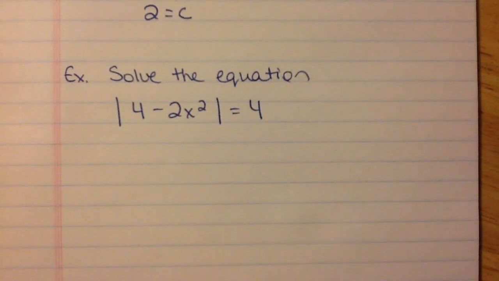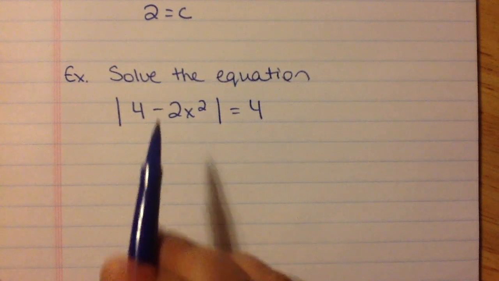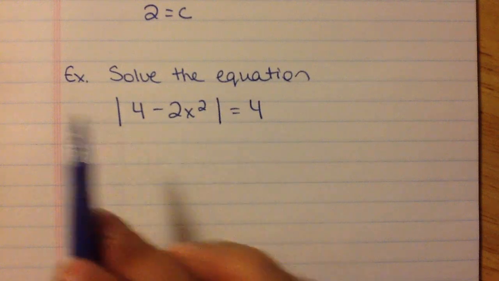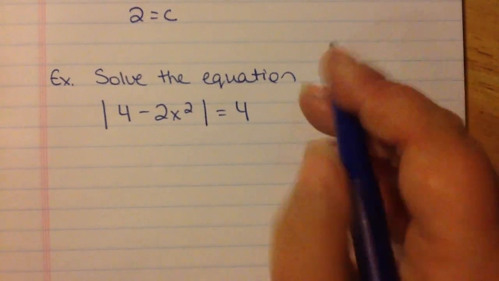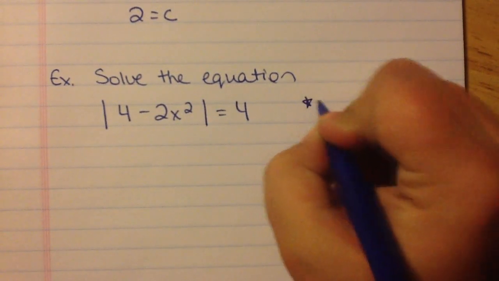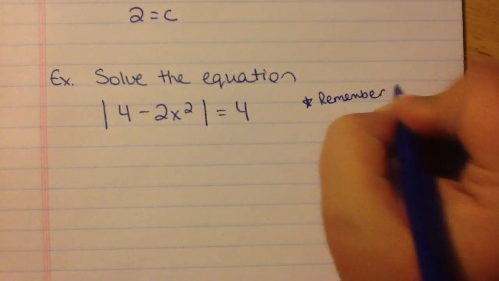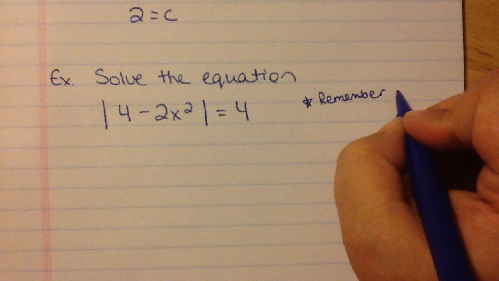All right, next and last one, solve this equation. Notice we have these bars, and if you remember, those bars are absolute value. I hope you also remember that absolute value makes it positive.